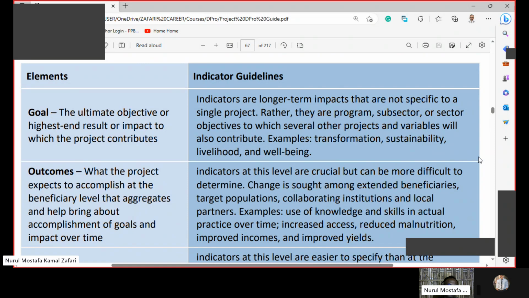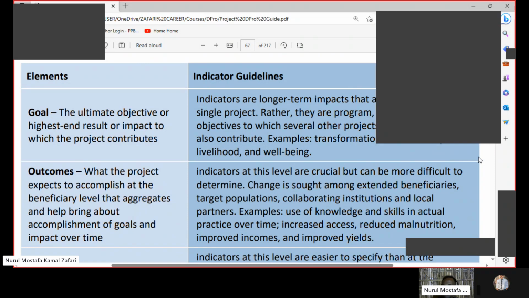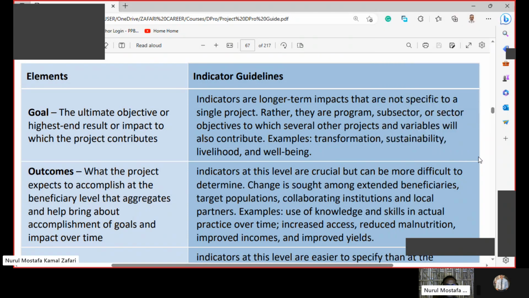So for goal, the ultimate objective or highest end result or impact to which the project contributes.